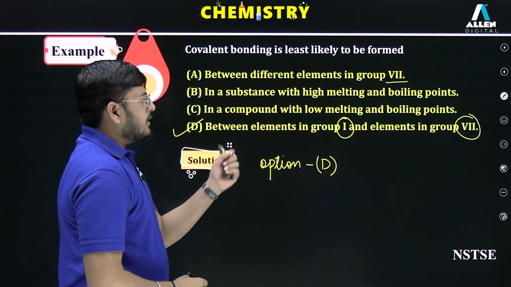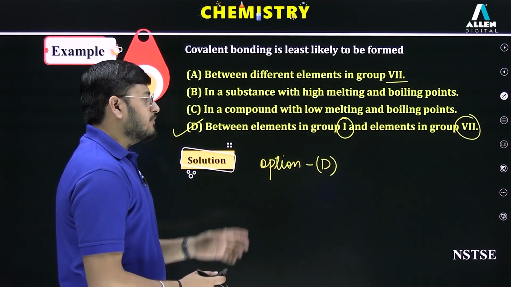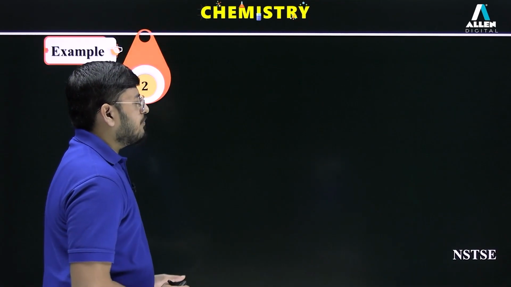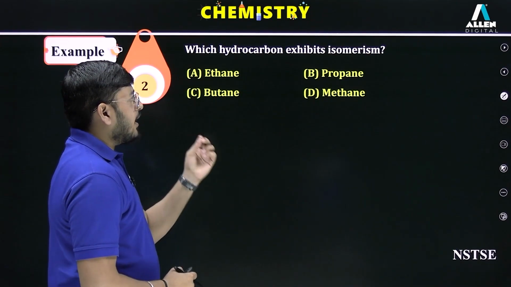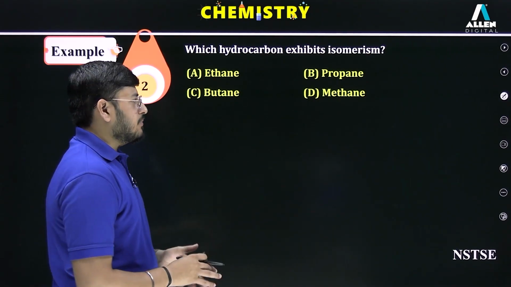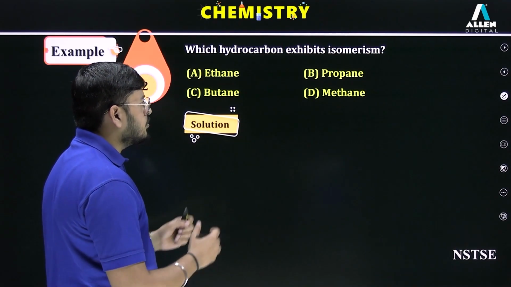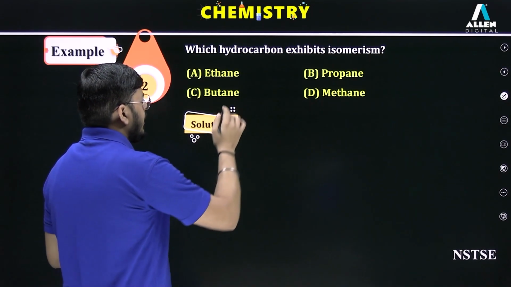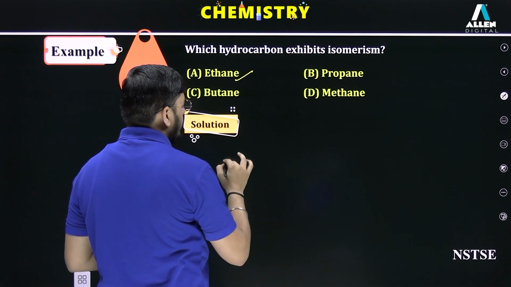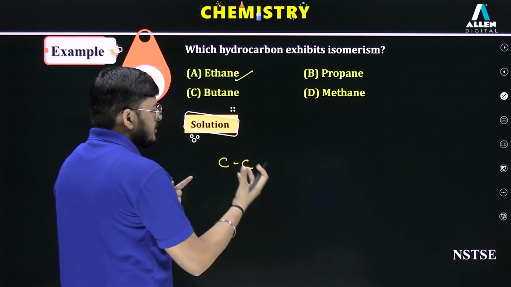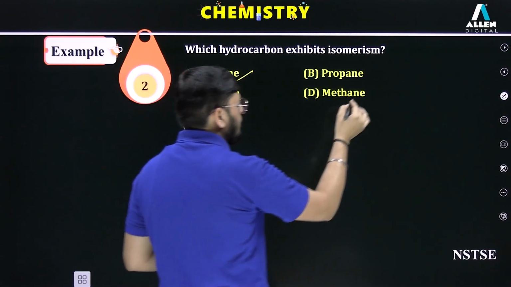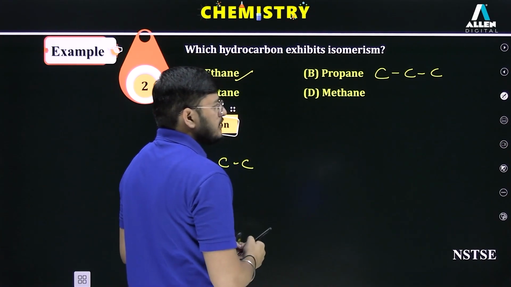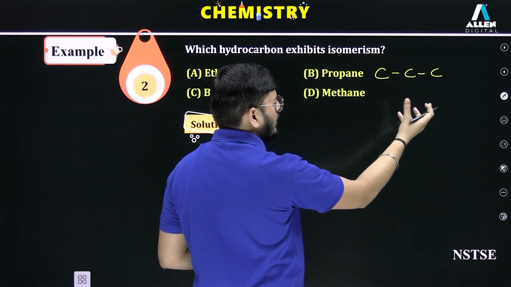So covalent bonding is least likely to be formed between group 1 and group 7, students. Next question: which hydrocarbon exhibits isomerism? In case of ethane, we have only 2 carbons, so isomerism is not possible. In case of propane we have 3 carbons; in that also isomerism is not possible because we cannot create a branch.